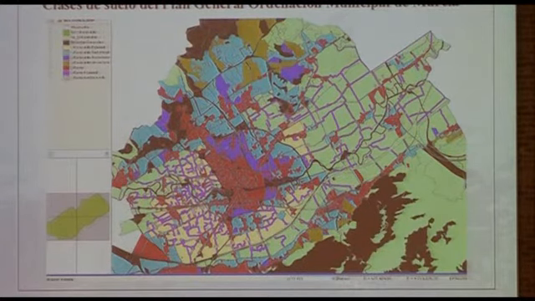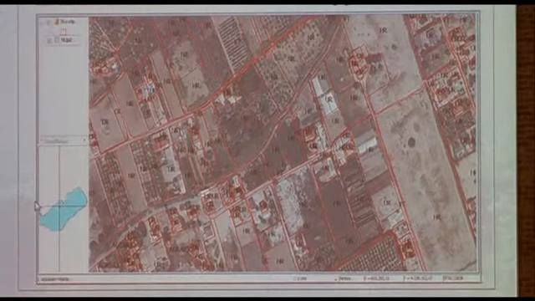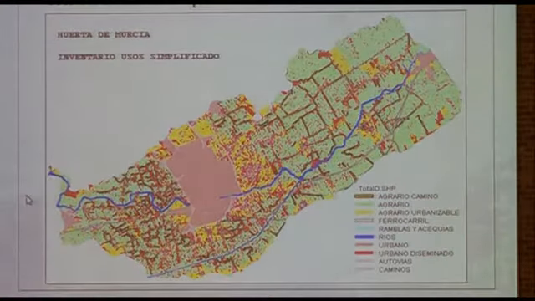Here we see another map in which we are including urban planning. So we have also a validation process of the aerial images. And here we have the different uses of Beniel.